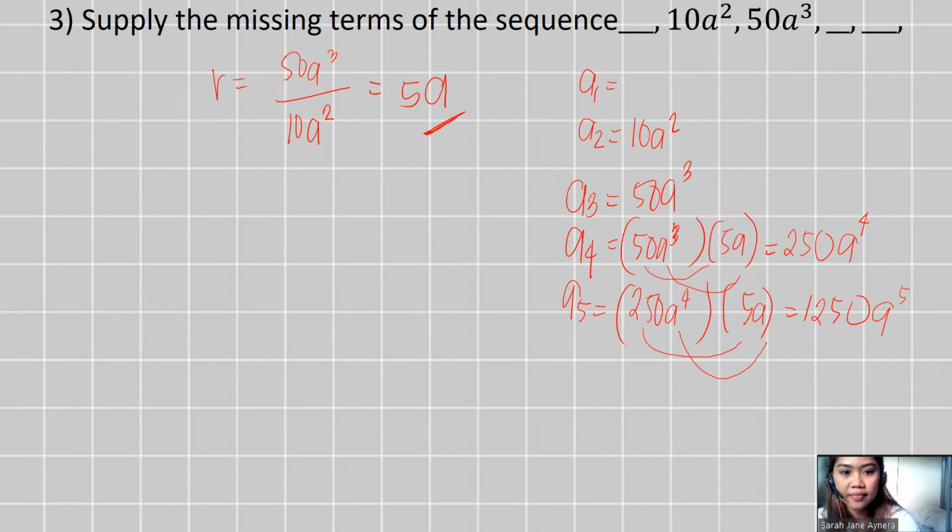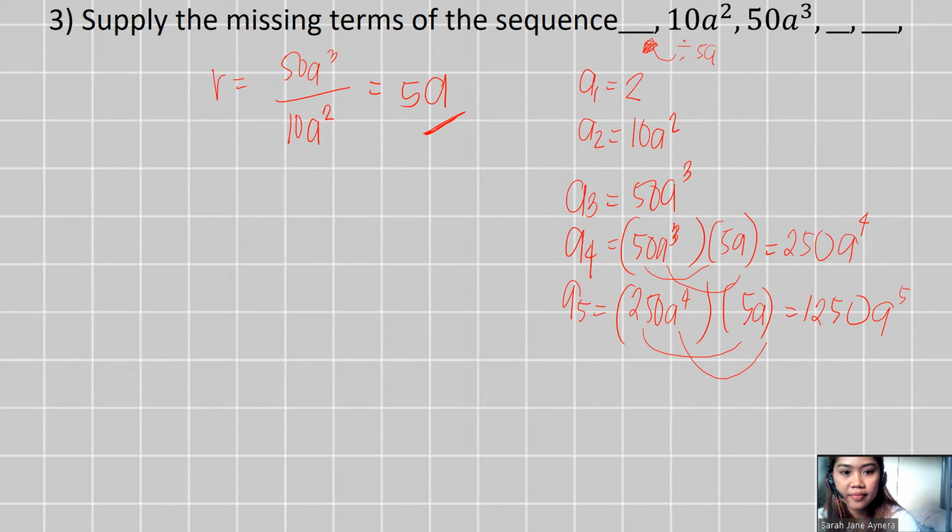Now, to get the first term, we do the reverse process. So, since nag-multiply tayo dito sa 10a squared ng 5a, we are going to divide this by 5a to get the first term. Kasi papunta tayo sa left. So, 10 divided by 5 is 2.